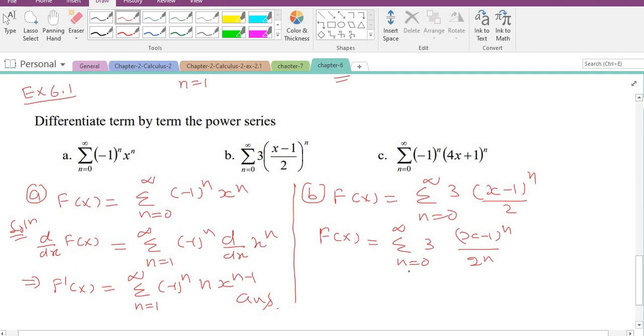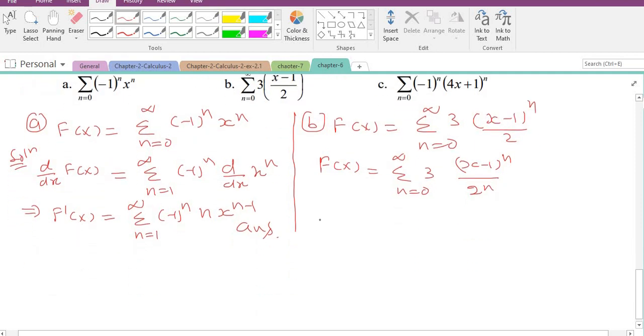You have to keep the constant outside. So f(x) becomes the summation from n equal to 0 to infinity of 3 divided by 2^n, because 2^n is a constant term, so you can easily differentiate.